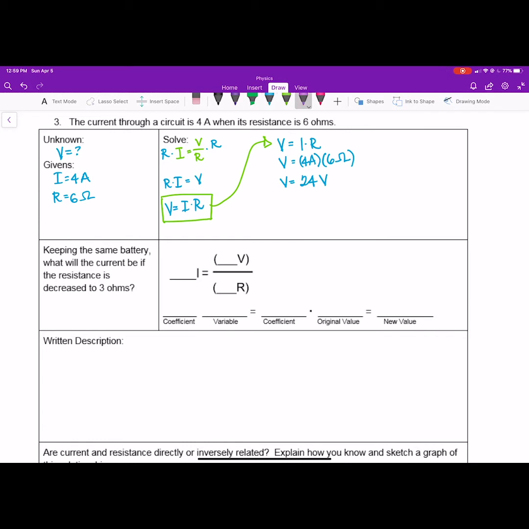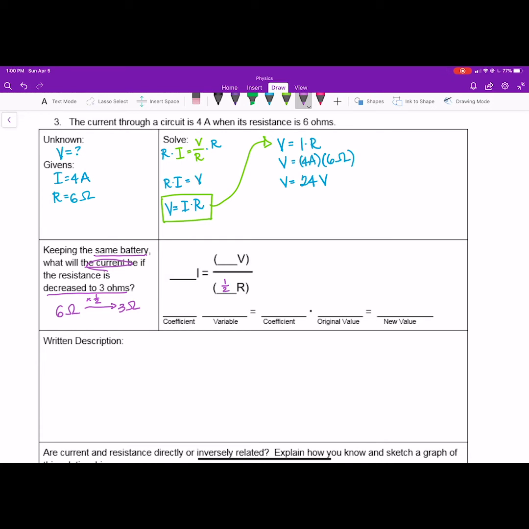Now, for our proportional reasoning, we're going to keep the same battery. We're looking for the current, and resistance decreases to 3 ohms. So we started with 6 ohms, then it goes down to 3 ohms. So that means we're multiplying by 1/2. So we're going to half our resistance.